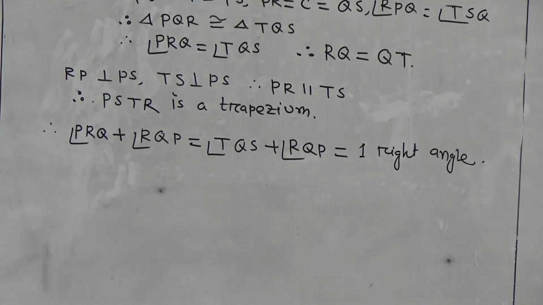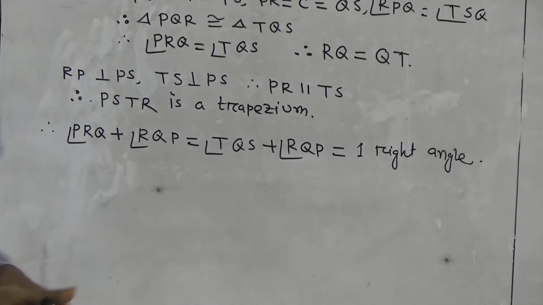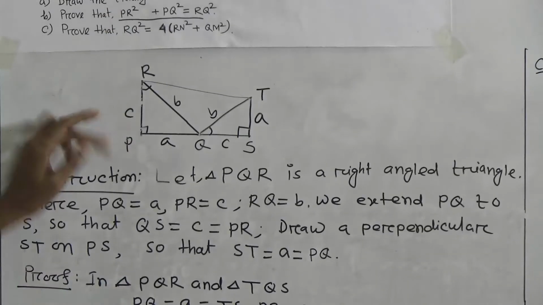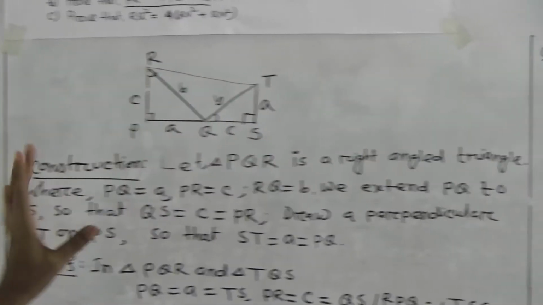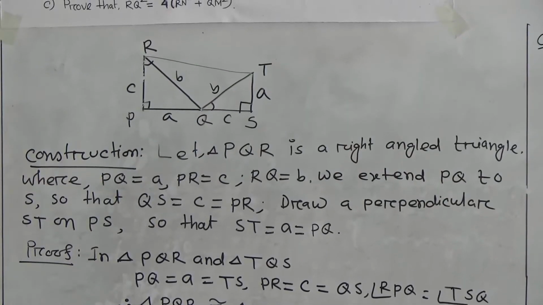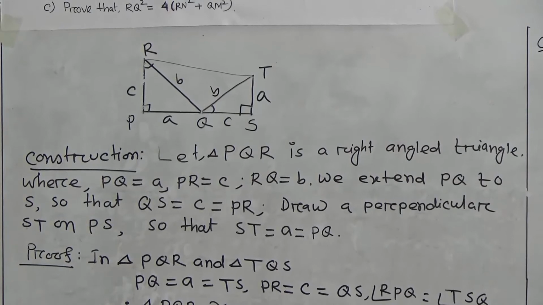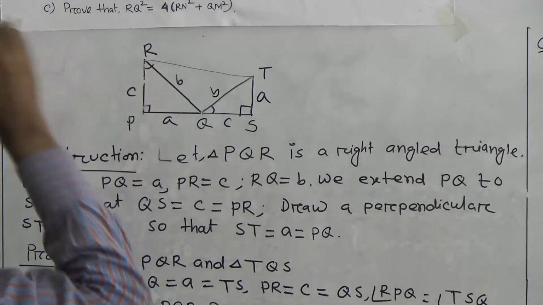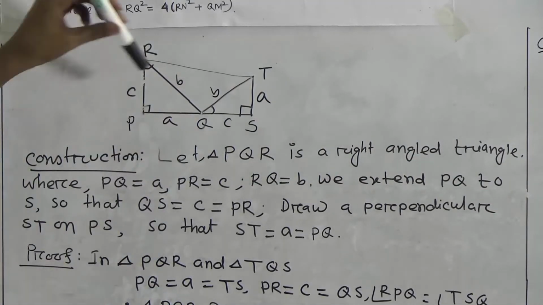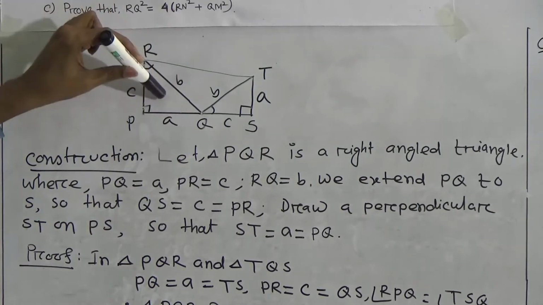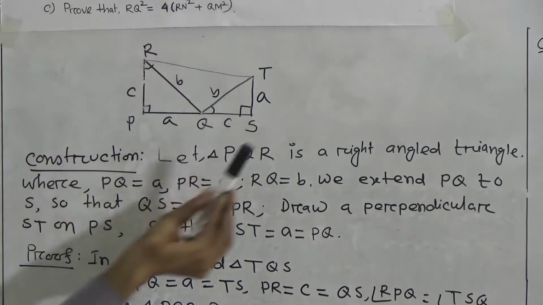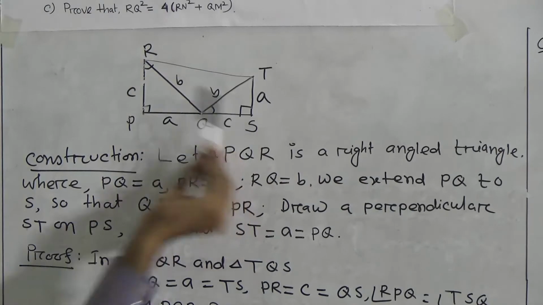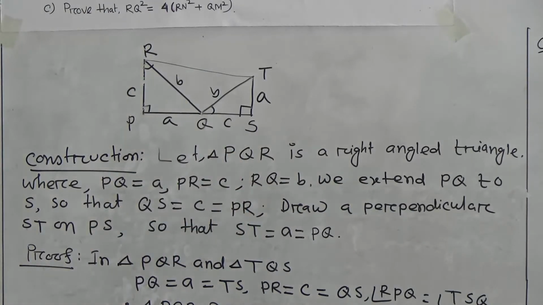Dear student, also you look properly. RPST is a trapezium, and this trapezium is composed of three triangles. You see, this is a triangle. This is a triangle. You see properly. Up to this is the triangle. This is the triangle, and TQS is another triangle. Okay. That means this trapezium is composed of the sum of the three triangles.